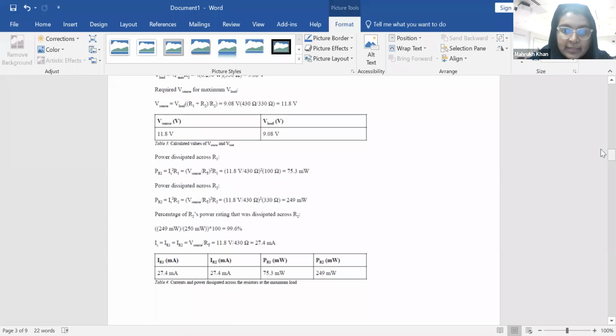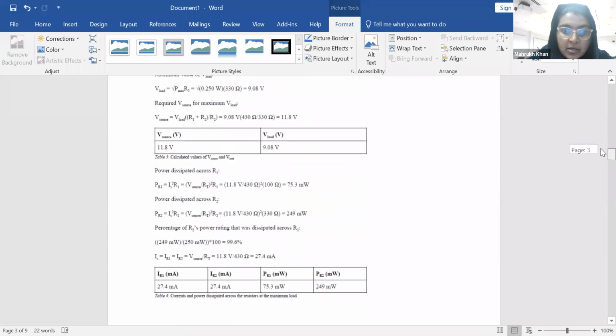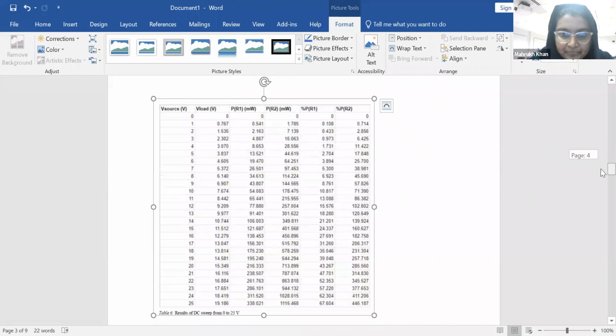Okay, so your power dissipation should match what we are expected to do. In this one, I don't think this is right, because at 12 volts the percentage power rating should be 100%.